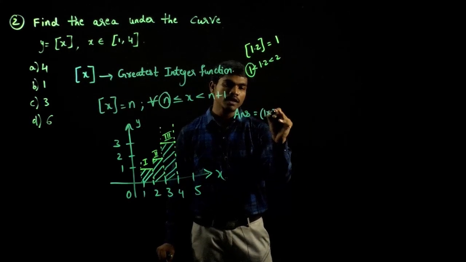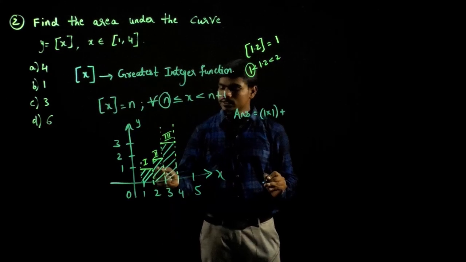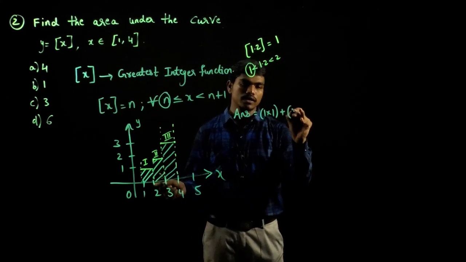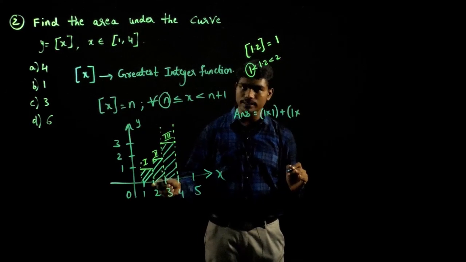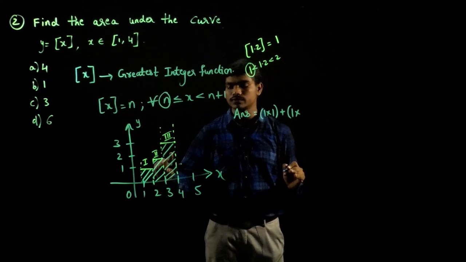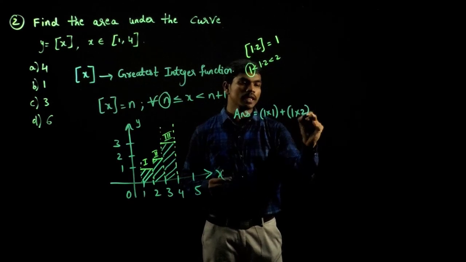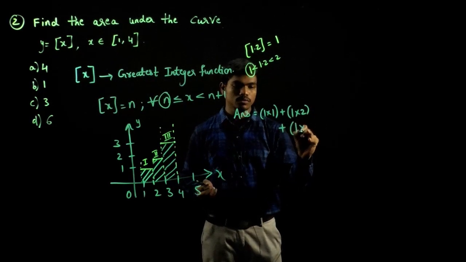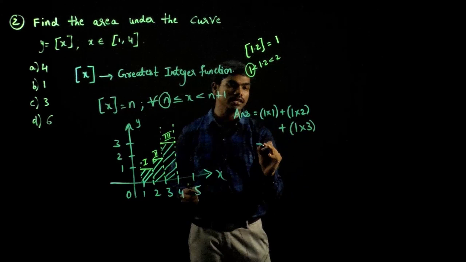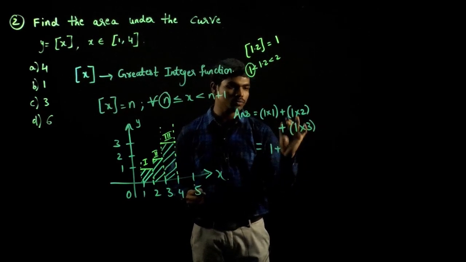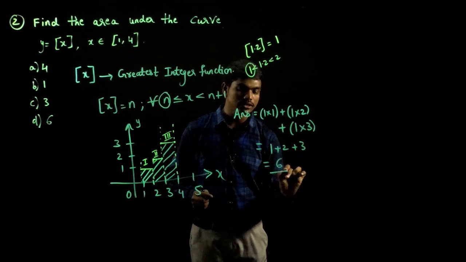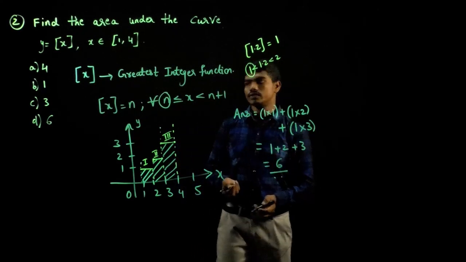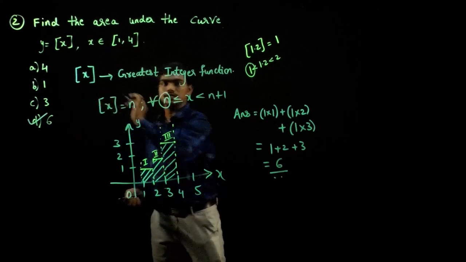So 1 into 1, plus the area of the second rectangle: the width is 1, constant, but the height is 2 this time, because for every x between 2 and 3 the function value is 2. Plus 1 into 3 for the third rectangle. So 1 into 1 is 1, plus 1 into 2 is 2, plus 1 into 3 is 3, and so the answer is 6. This is one way in which you can declare the answer of this function is 6.